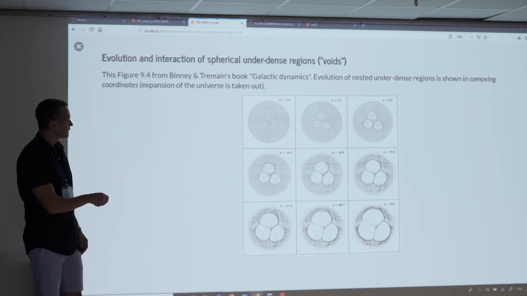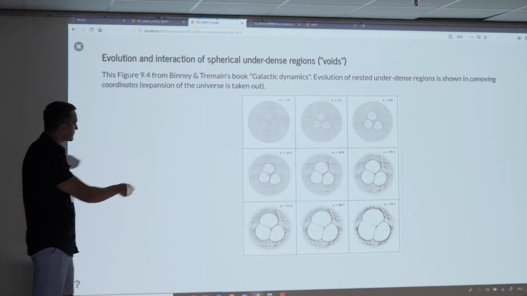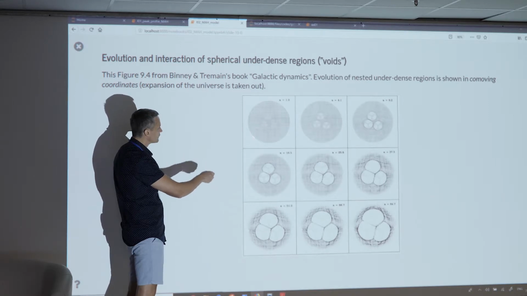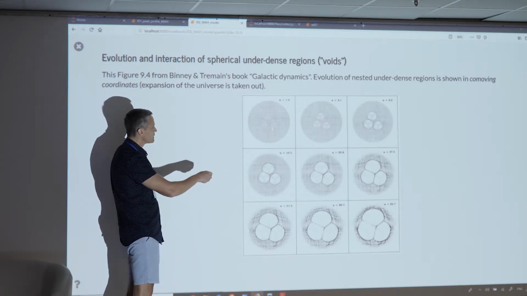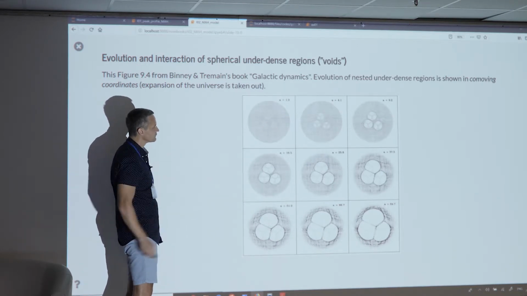The extent of the sphere doesn't change because we took out the expansion. You can probably barely see it, but there are perturbations. Most of the distribution is uniform, but in the center there are 3 underdense perturbations set up in the initial conditions, and inside each of them there are also 3 smaller underdensities.